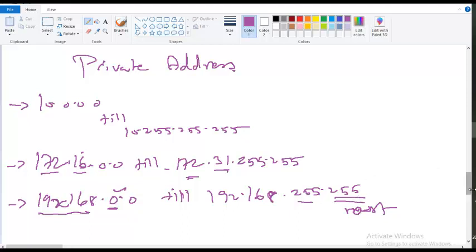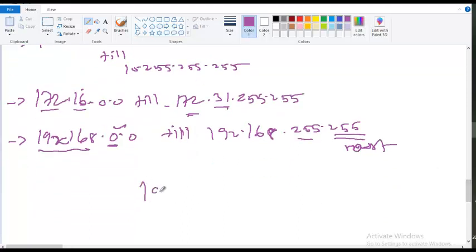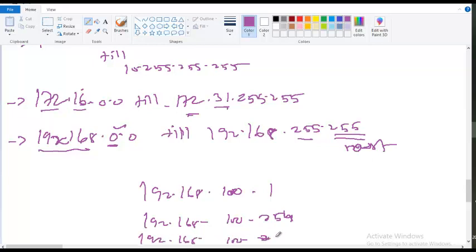For example, 192.168.100. In this, the first IP will be 1, 192.168.100.254 is the last IP, and 192.168.100.255 is the broadcast.